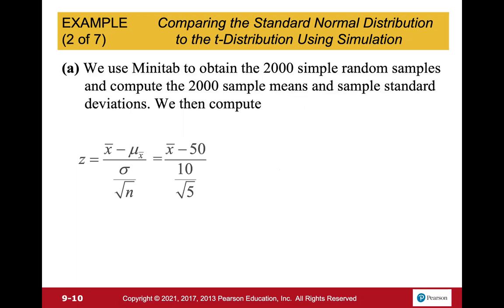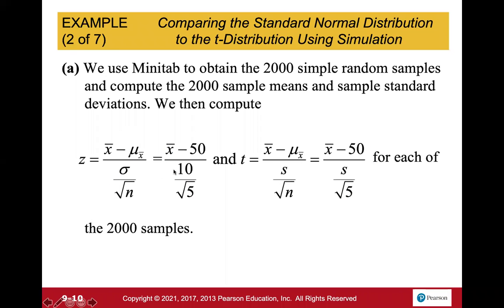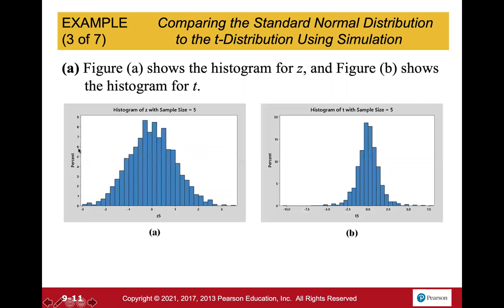So with Minitab, what they did is they looked at these values. They said that the mean was 50, standard deviation 10, sample size 5. And they did the same thing over here. So we're looking at the exact same data on the normal distribution and on the student's t-distribution. So normal distribution here, student's t-distribution here.